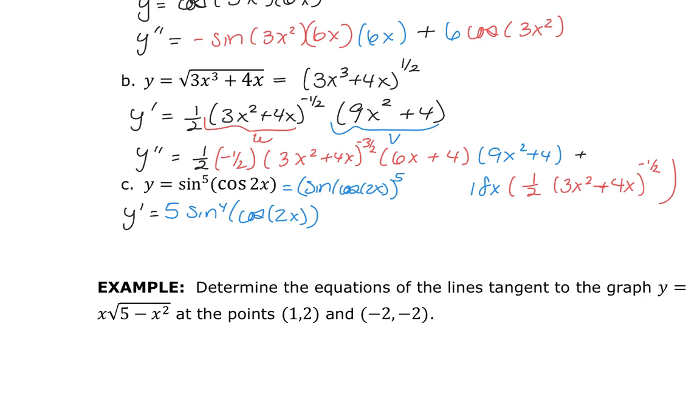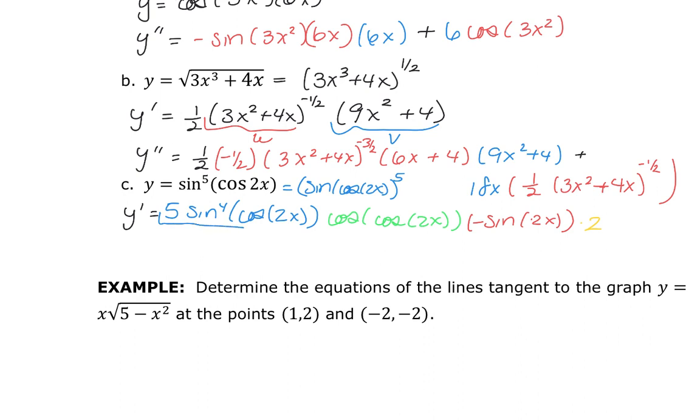The derivative of sine is cosine, so I have the cosine of the cosine of 2x. The derivative of the inner function, which is now cosine, is negative sine of 2x, and then the most inner function, 2x, has derivative just 2.